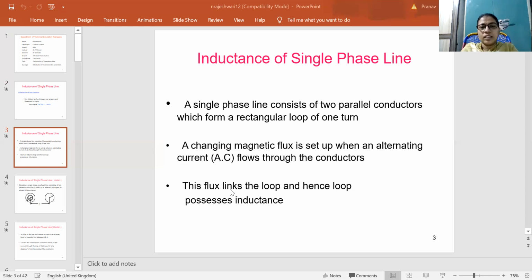So flux is linking with these conductors, and this flux gives the inductance of the single phase line.